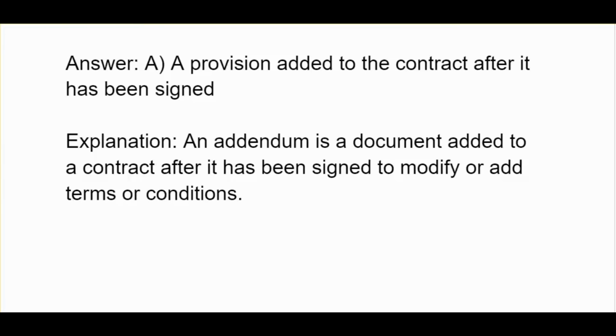A, a provision added to the contract after it has been signed. An addendum is a document added to a contract after it has been signed to modify or add terms or conditions.